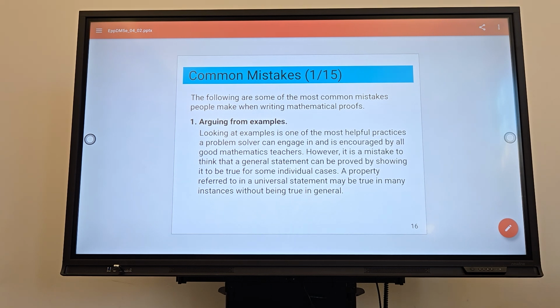Just because an idea is true or a statement is true for a few examples doesn't mean that it's true in general. Using examples is only a method of proof if you are proving by exhaustion. If you're dealing with an infinite set, you can't argue from example.